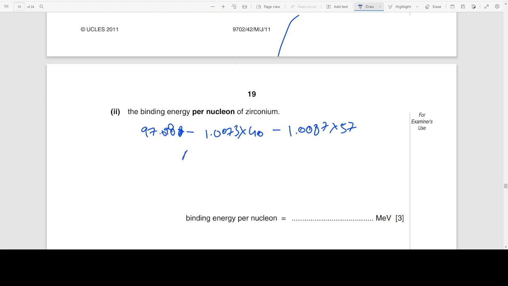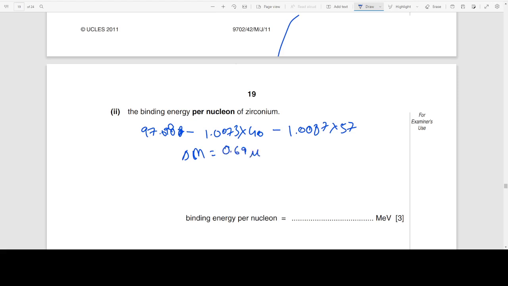So if you calculate, delta M comes out to be 0.69.